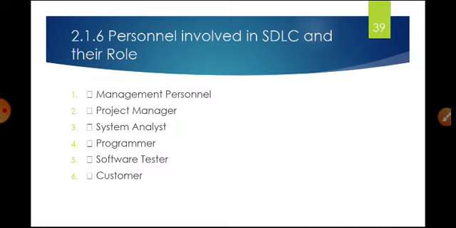The topic is personnel involved, which means any person who is directly or indirectly involved with the project, the system or the solution is known as personnel. There are usually 6 types of personnel involved in SDLC.